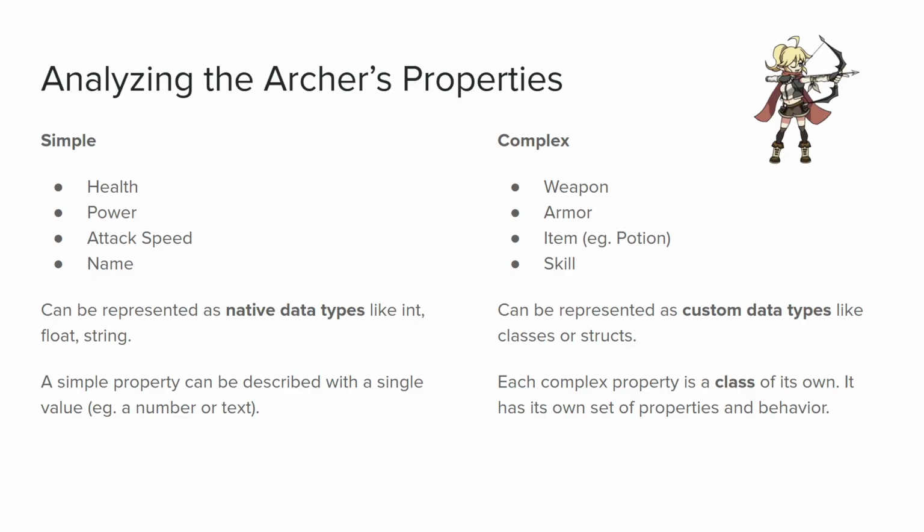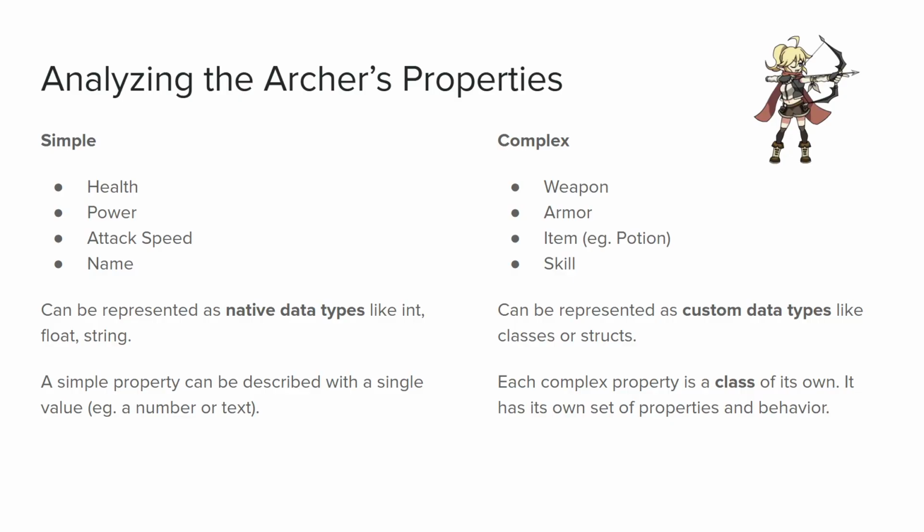However, with a complex object, instead of just these data types, like health, power, we have weapon, armor, item, skills. So in here, we know that these are classes, they are made of other things. So these are represented as custom data types. Each complex property is a class of its own. It has its own set of properties and behavior.